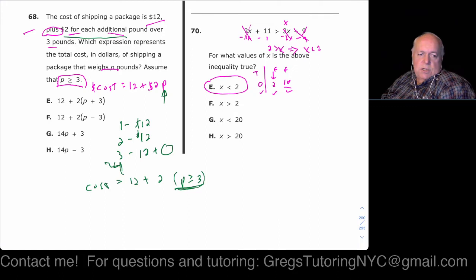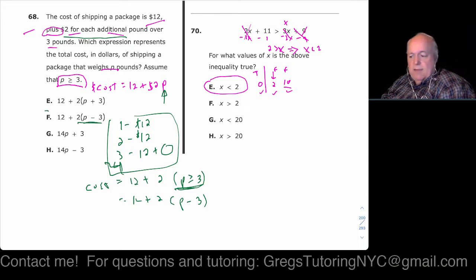Well, if we use the table we just drew, we can see that if we subtract 3 from each value, because if it's 2, it's only $12, so we don't care about it when it's under 3, that would give us $12 plus 2 times p minus 3. So in this case, if we have 4, we're going to add $1 to it. So that is the expression we need, and the answer here would be F.